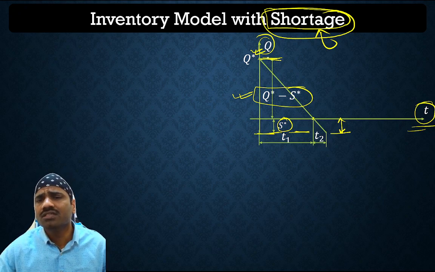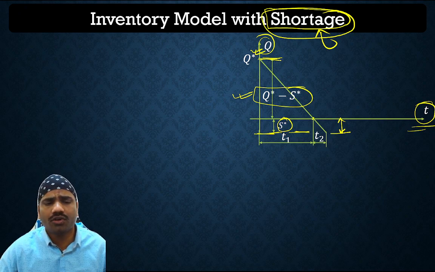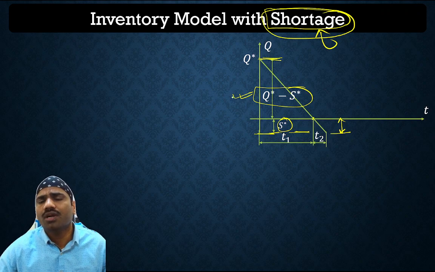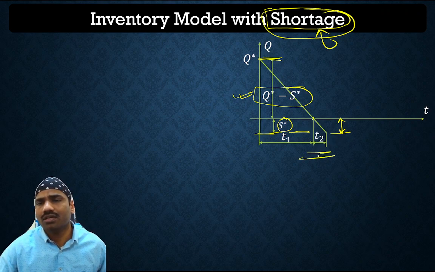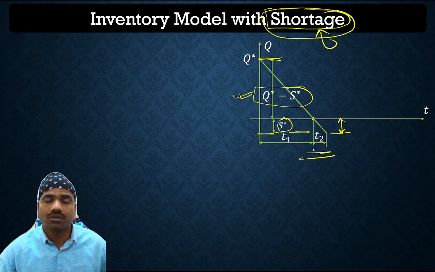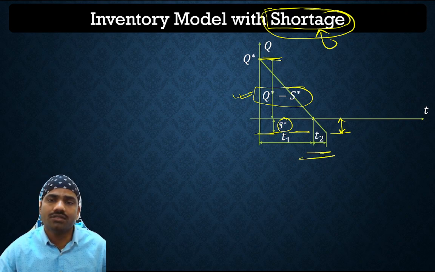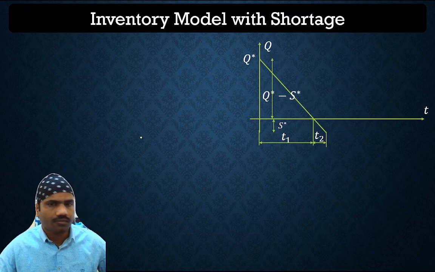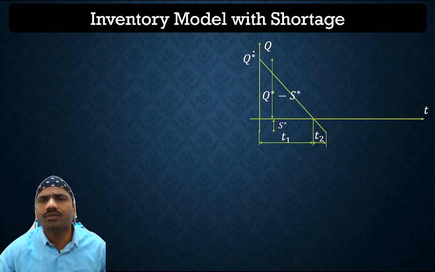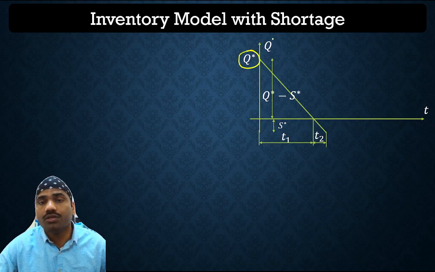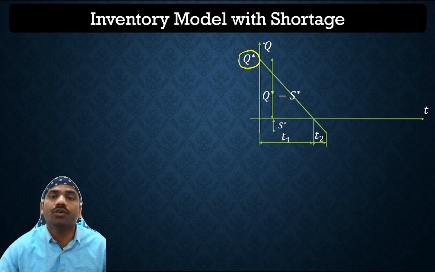So here this is a plot between the quantity and time. We'll see how the quantity and time change in the shortage inventory model. We have the quantity Q star, which is the EOQ, the economic order quantity.